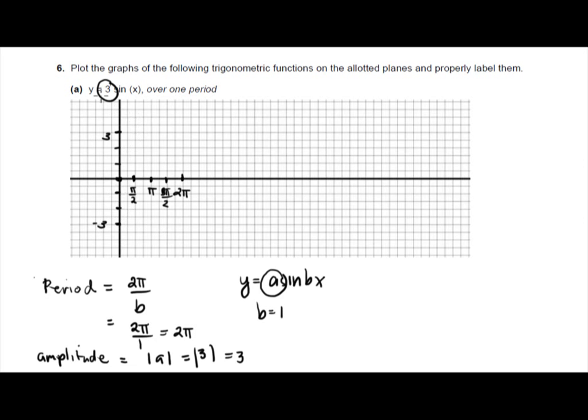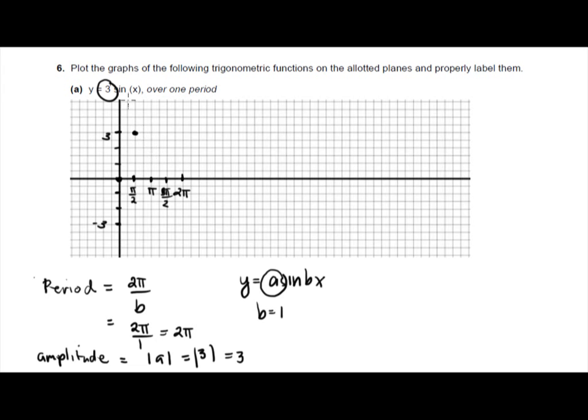So how do we use these numbers? Note that the function is y equals 3 sine x, and x are the angles. So it's either you put all the numbers one by one, meaning you put 0, then you compute what will be the y, then you plot the point. Or if you already know the pattern, the basic sine function will always start from the origin. So your first point will be here. When you put the pi over 2 on the x, it will give you the highest number, which is 3.